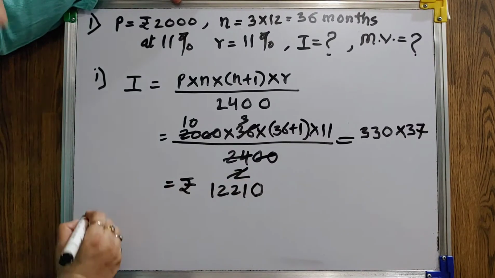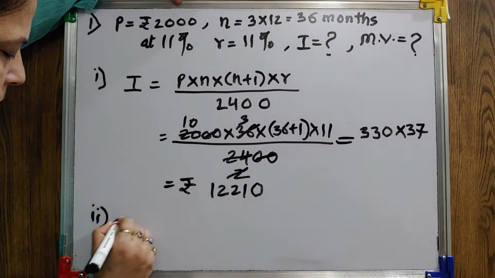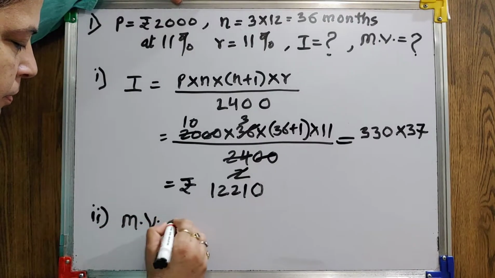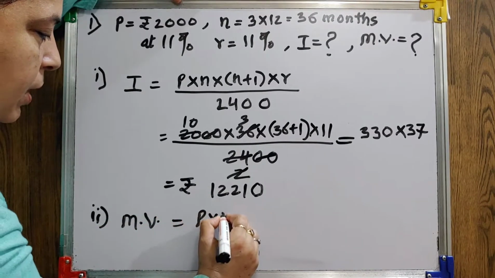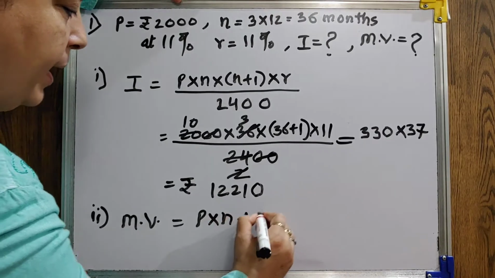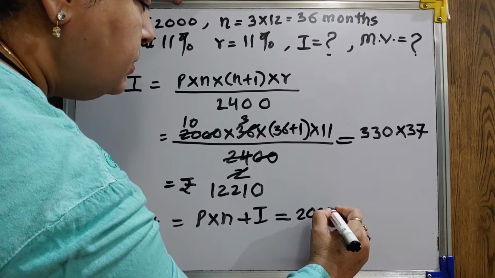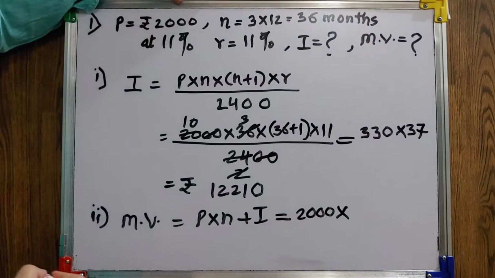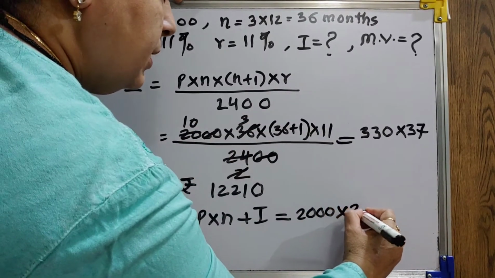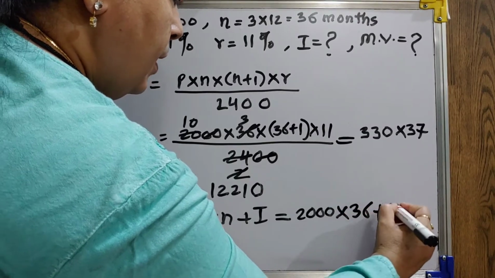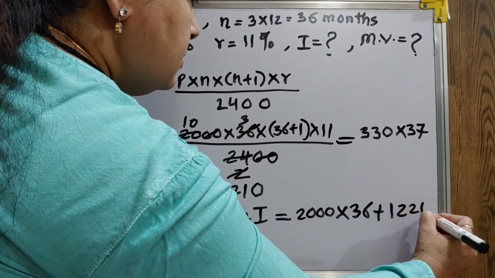Now, in the second step, I can calculate the maturity value. First, always write the formula P into n plus I. Our principal is 2000 into the number of months 36, plus our interest.